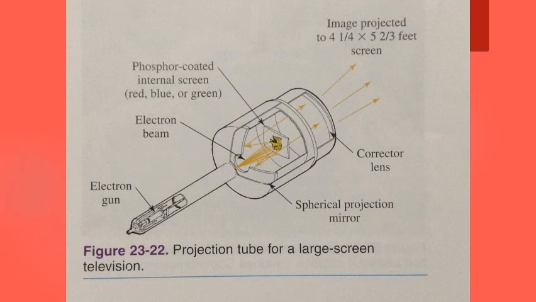Some large projection TVs offer a slight improvement in video image by scanning the same lines twice for a total of 1050 lines across each frame. These sets do have a sharper, more appealing video image to the human eye, but no real magnification has taken place.